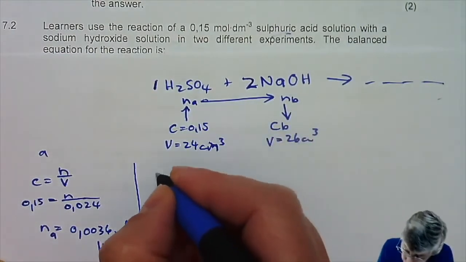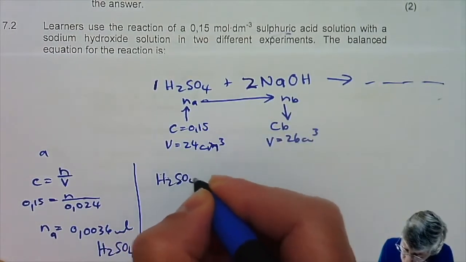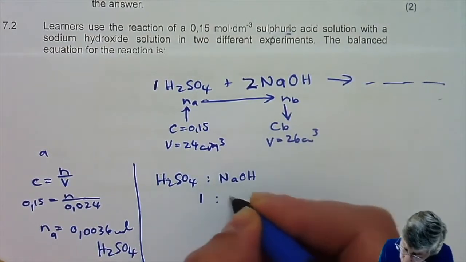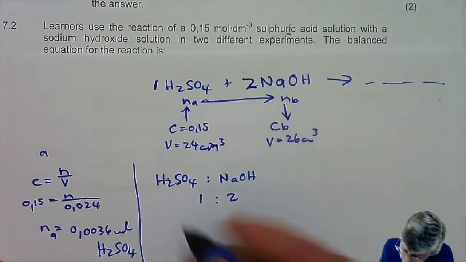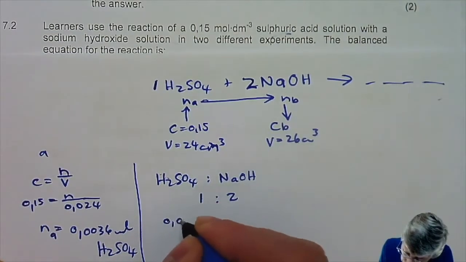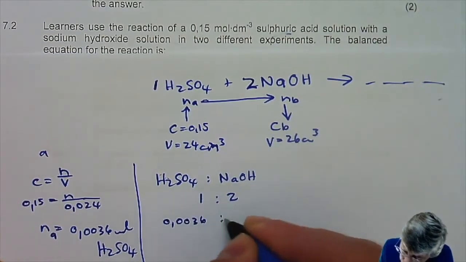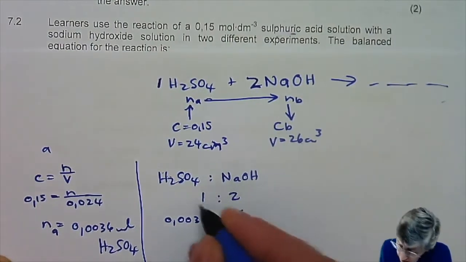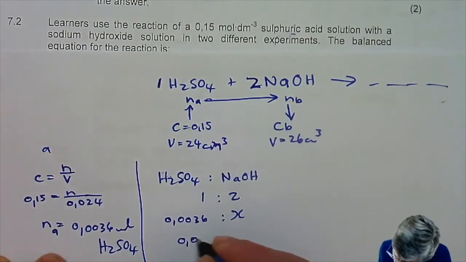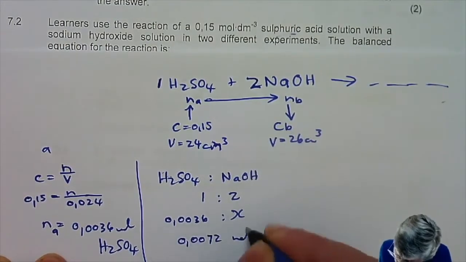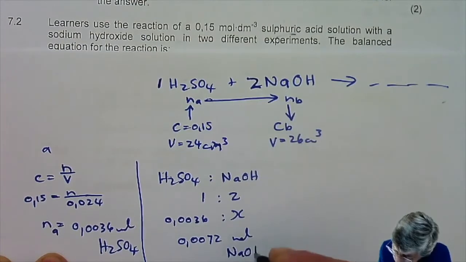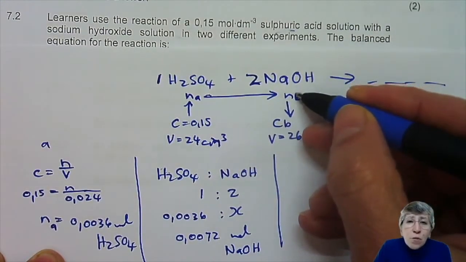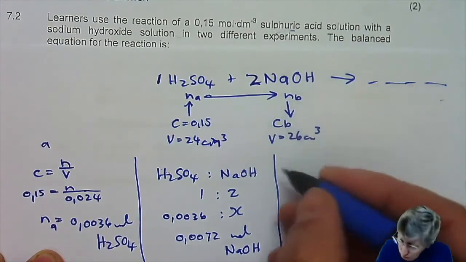Next up, we can move from that moles to that mole. So I can go from H2SO4 to NaOH. I know they always react 1 mole of this with 2 moles of that. So if I've got 0.0036 moles of that, how much of that will be reacting? Double that, so 0.0072 moles of NaOH. And then I can say, now I've got the moles of base, I want the concentration.